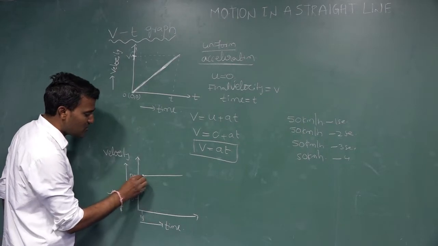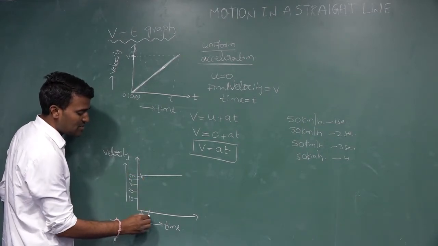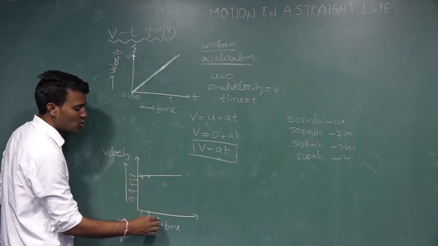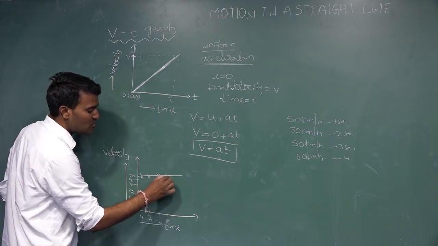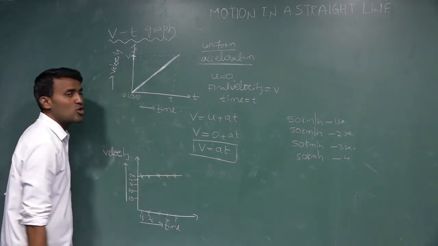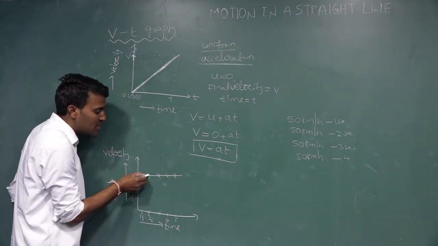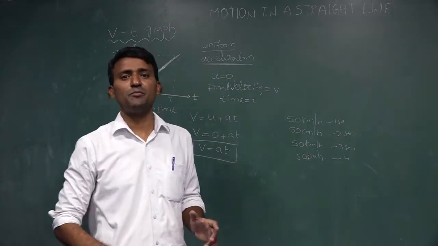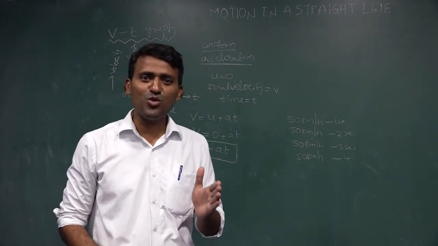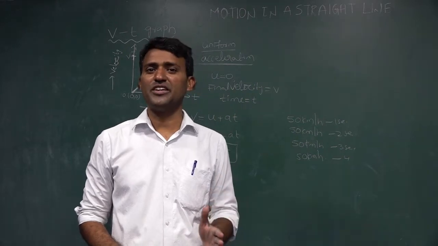Now first second 50 km per hour, second also 50, 3rd second also 50, 4th second 50, 5th second also 50 km per hour. See here, your car is moving with a uniform velocity, isn't it?